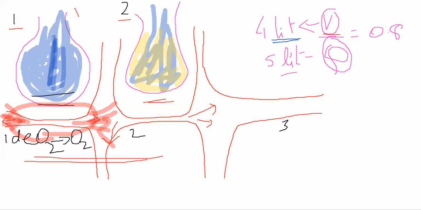Initially, as you can see, ventilation is being affected. Because ventilation is getting affected, your perfusion will also get affected. Blood supply gets affected there. So what will happen? V by Q ratio will fall, right? This will go down. Even if you have a normal ratio, individual values of V by Q might go down. Meaning, let's suppose this 4 liters becomes 2 liters and this becomes 2.5 liters.